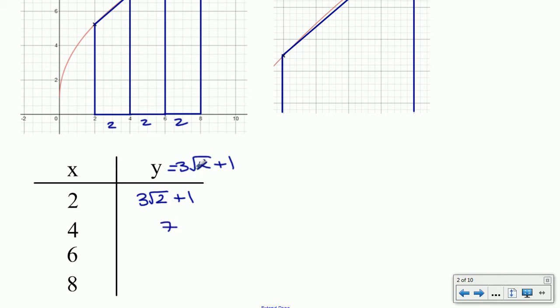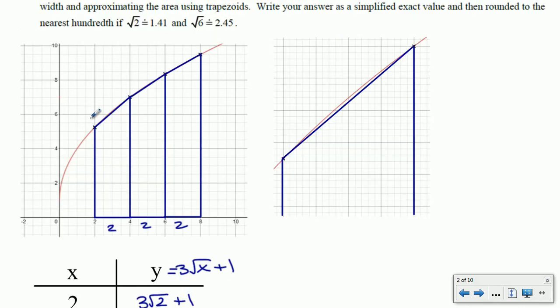Sub in 6 for x will be 3 root 6 plus 1. And last, 3 root 8 plus 1, we can simplify to 6 root 2 plus 1. So now that we have all of our heights, this is 3 root 2 plus 1, this is 7, this is 3 root 6 plus 1, and this is 6 root 2 plus 1.